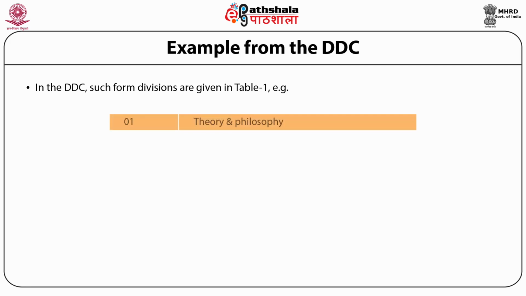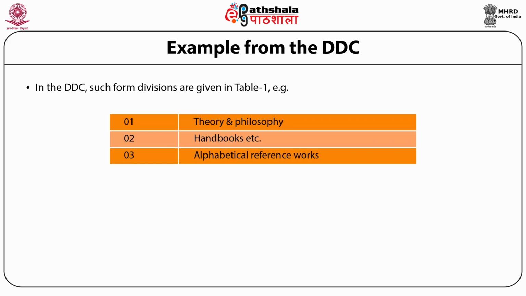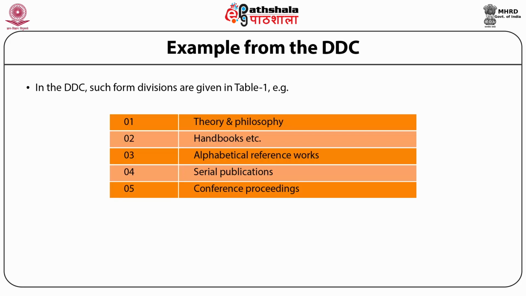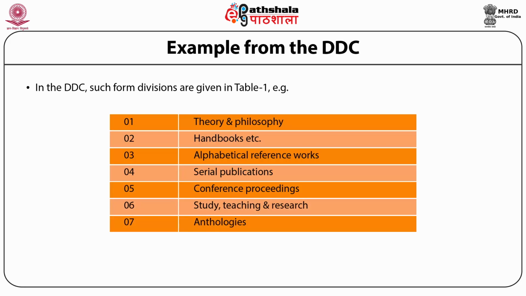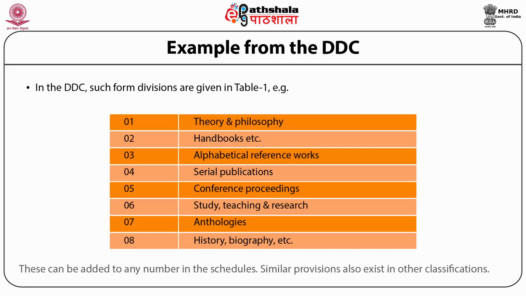For example, 01 Theory and Philosophy of a Subject, 02 Handbooks, Manuals, etc., 03 Alphabetical reference works such as encyclopedias, dictionaries, 04 Serial publications such as periodicals, journals, annuals, and such things, 05 Conferences, seminars, and other regular meets, 06 Study, teaching and research in a subject, 07 Anthologies, and 08 History, Bibliographic, etc., to give them broadly.